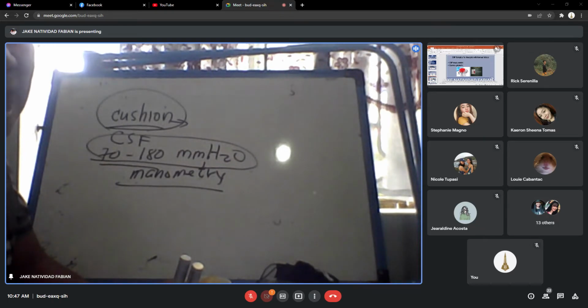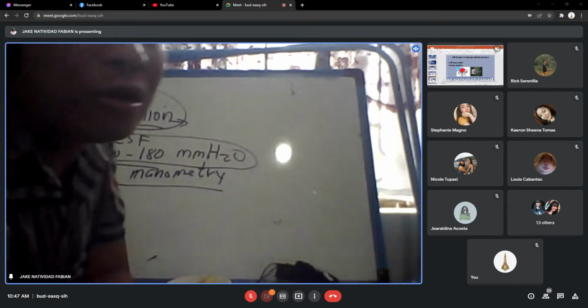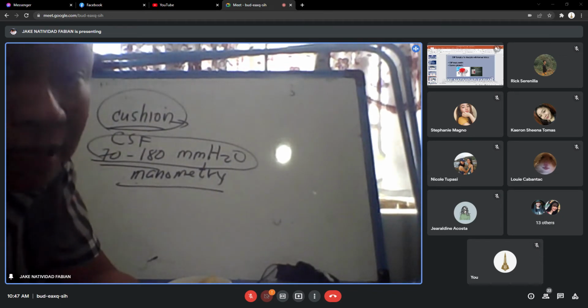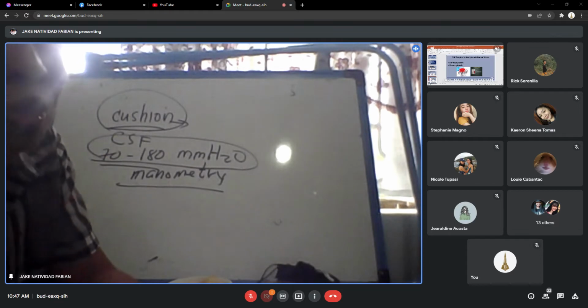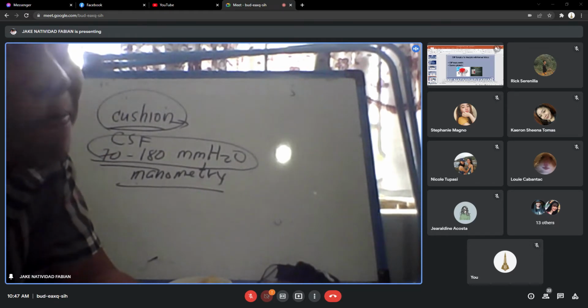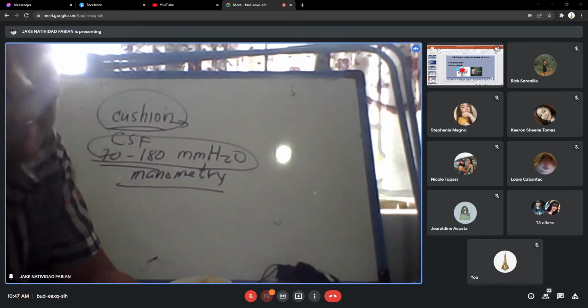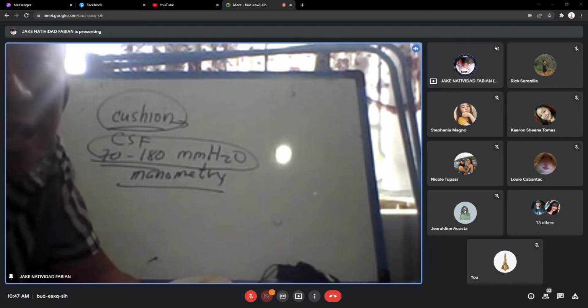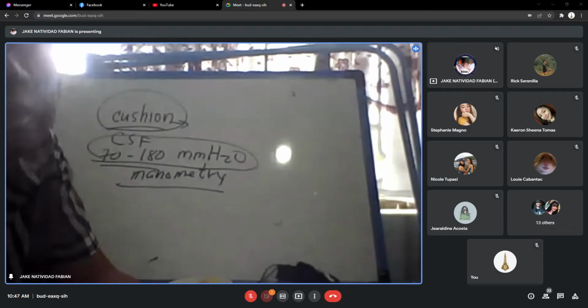Your normal gamma globulin is about 3 to 12%. Okay, pag increase ng gamma globulin mo, that suggests now a possible degeneration of the myelin sheath. Okay, we will discuss that later.